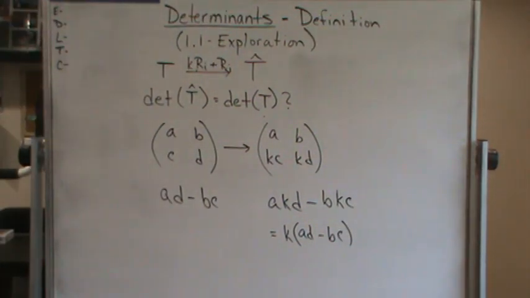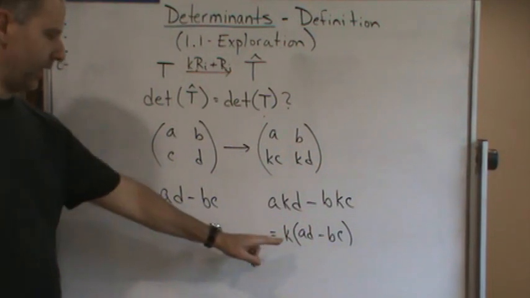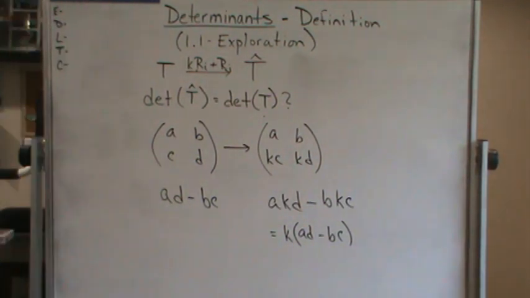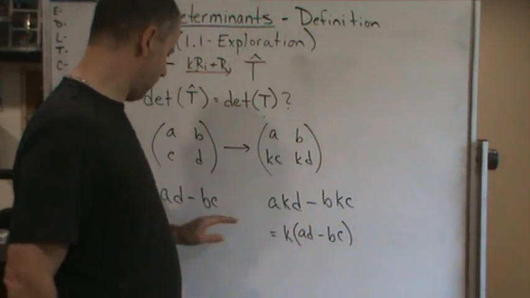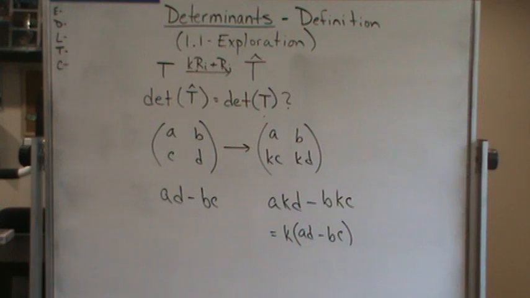Which now look at this. All it did was take the determinant of the original matrix and scale it by k. But it doesn't change the fact that if this is 0, it's still 0, whether you multiply it by a scalar or not.